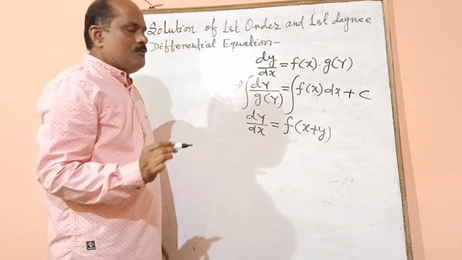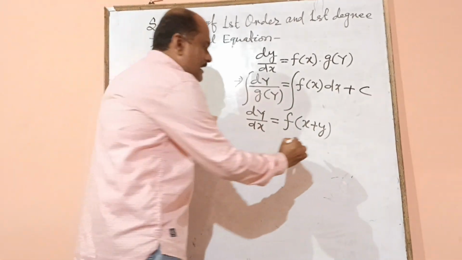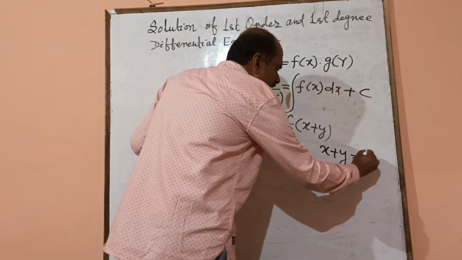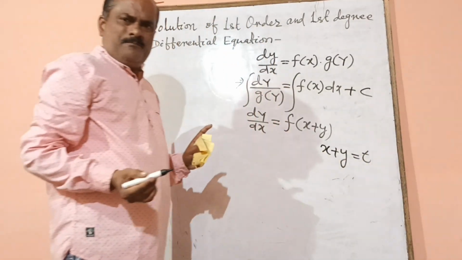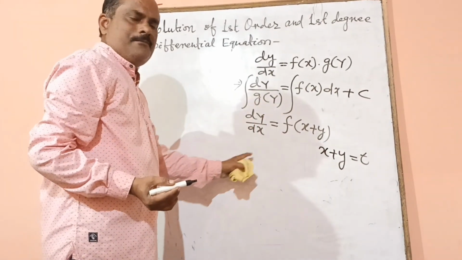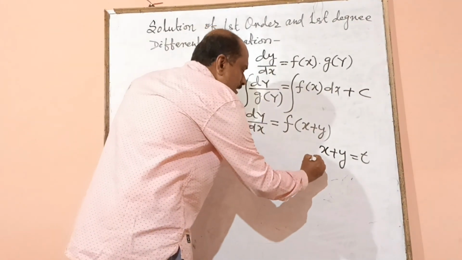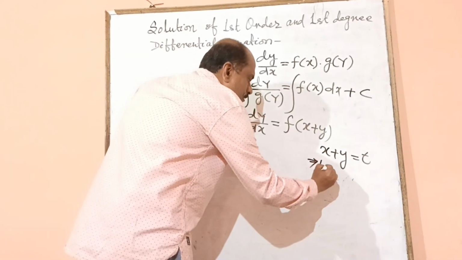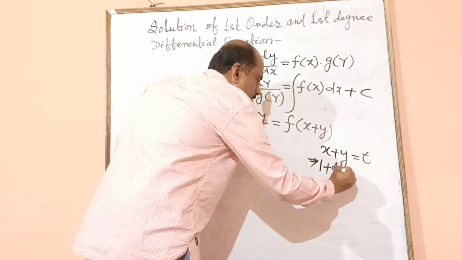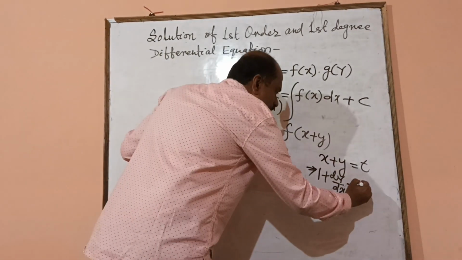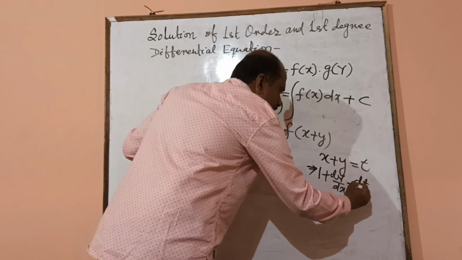For example, I put x + y = t, or any variable z. What is the value of dy/dx? Taking derivative of both sides with respect to x, 1 + dy/dx = dt/dx.